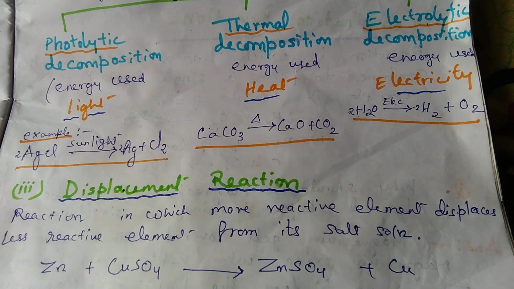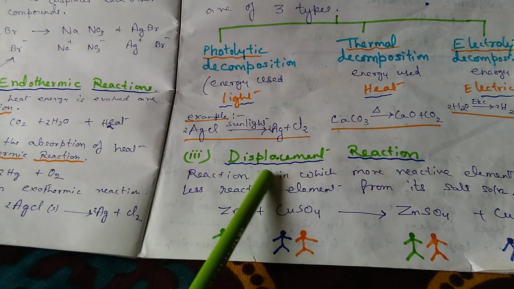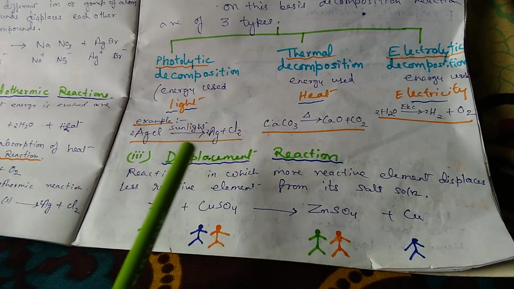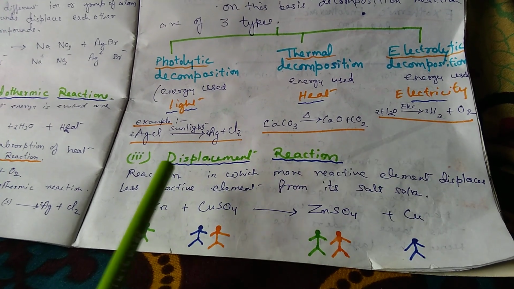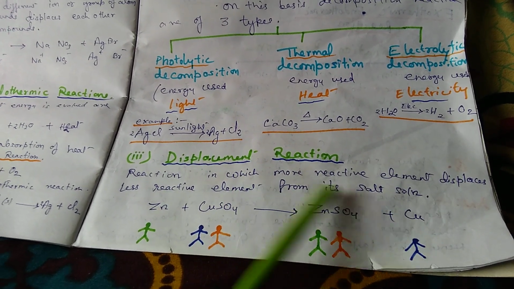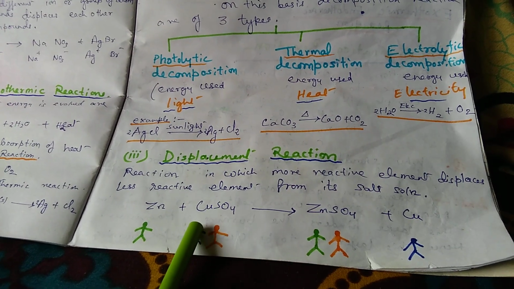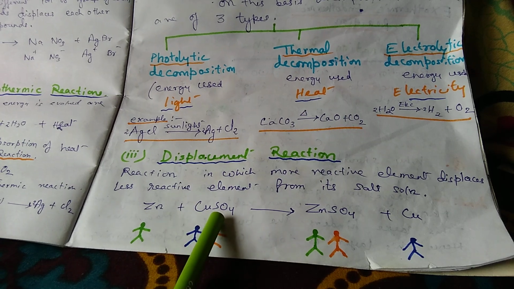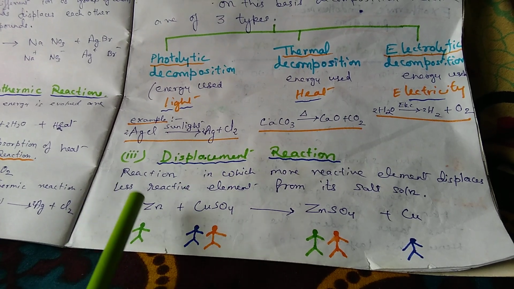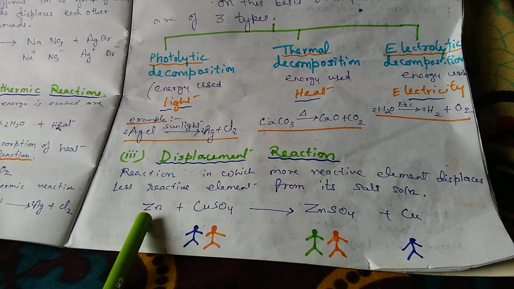The next type is displacement reaction. In displacement reaction, a more reactive element displaces a less reactive element from its salt solution. For example, CuSO4 is a salt of copper, copper sulfate solution. In copper sulfate solution, if we mix some zinc, what will happen?